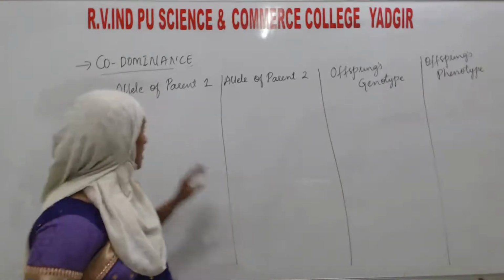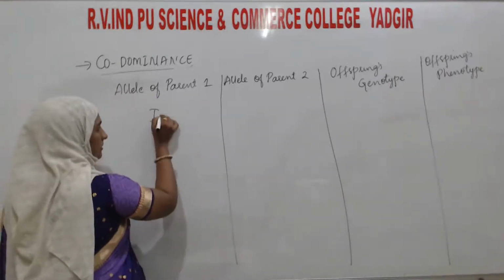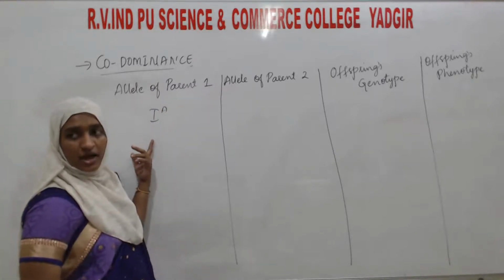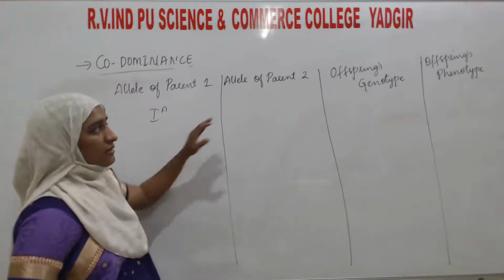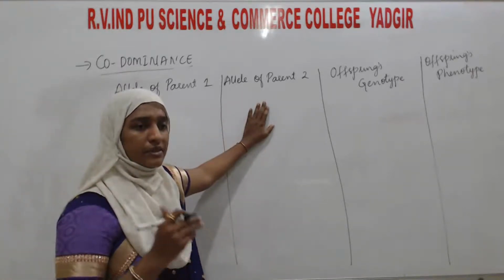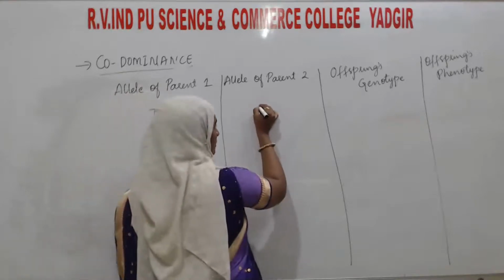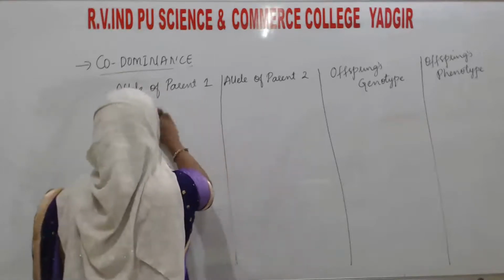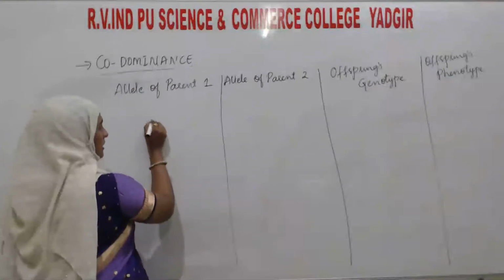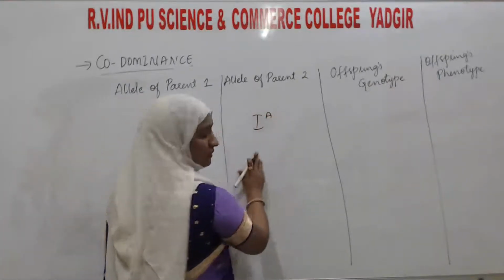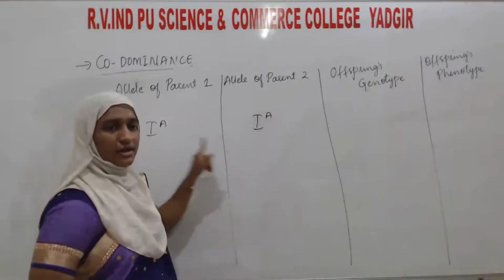If parent 1's RBC has the IA allele, and parent 2 also has the IA type of allele, they both are dominant, IA and IA.